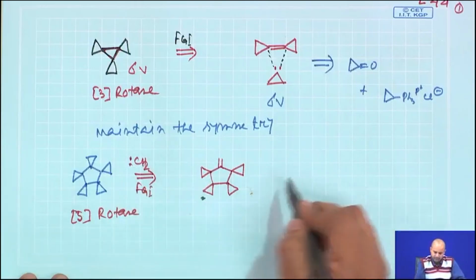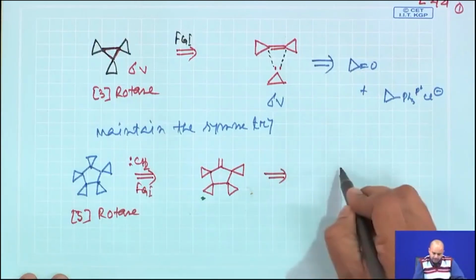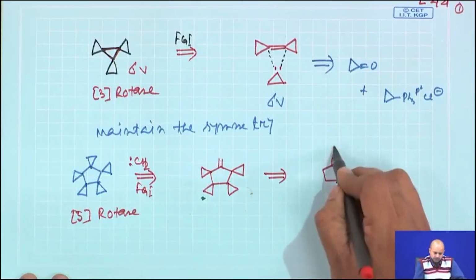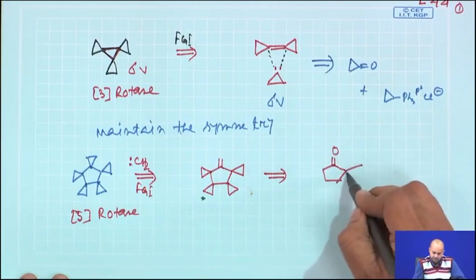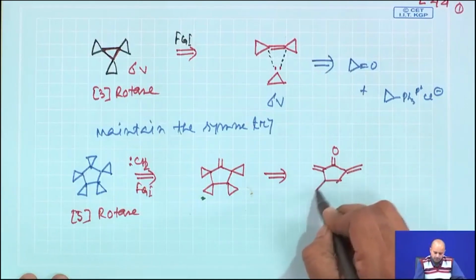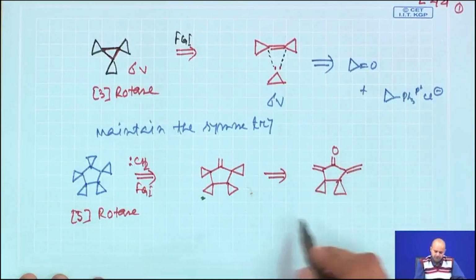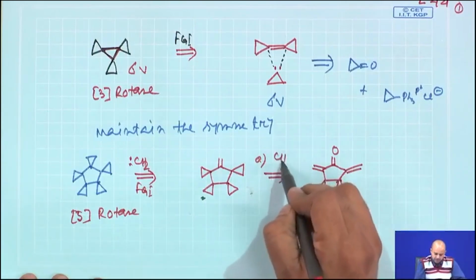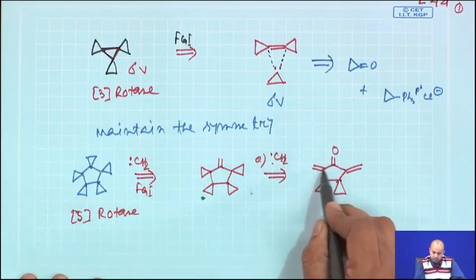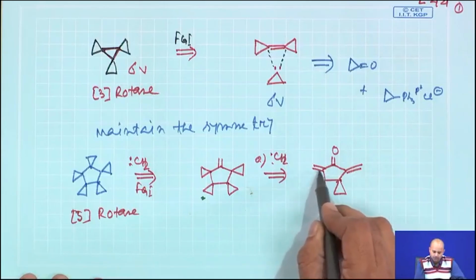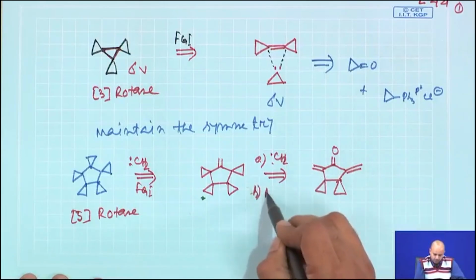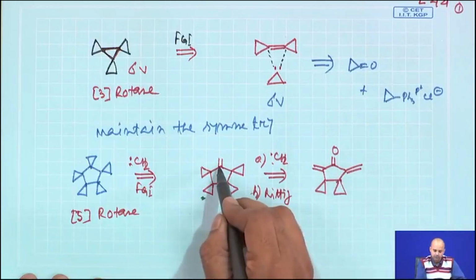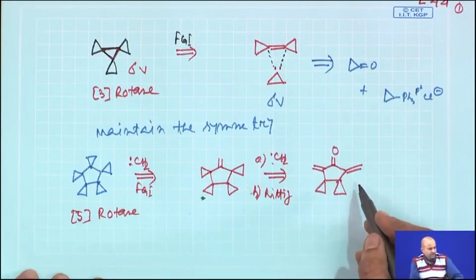Okay, this is fine. Then I say if you have this particular carbonyl compound and this exocyclic double bond, you can construct it through carbene addition on both these two double bonds, and you can do a Wittig transformation of this carbonyl group to construct the exocyclic bond. Fine.